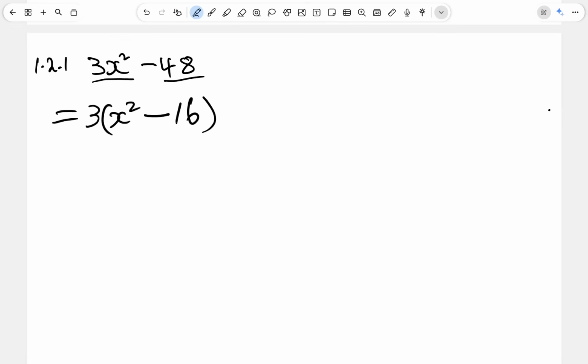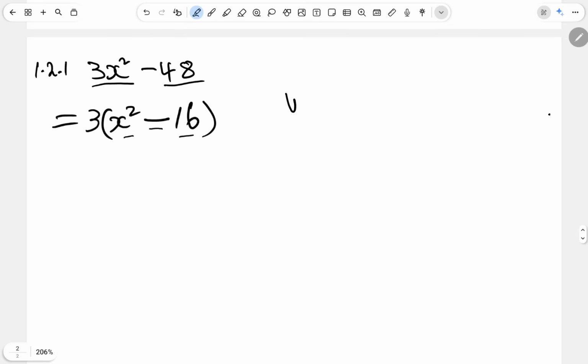Look inside the brackets. x squared and 16 are both perfect squares with a minus between them. The square root of x squared is x, and the square root of 16 is 4.